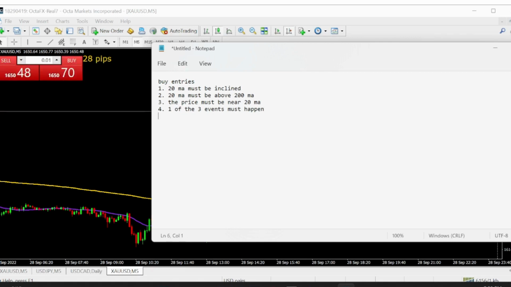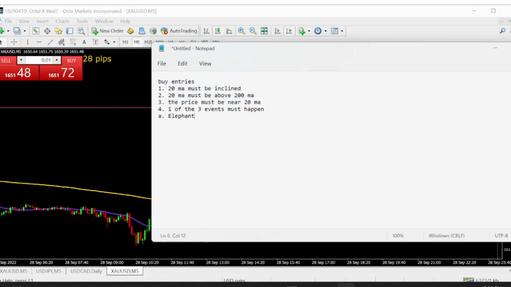So number A, there must be an elephant candle. The chart must originate an elephant candle. Okay, if it originates an elephant candle and it has fulfilled all of the above 3 criteria, then we'll go for a buy.